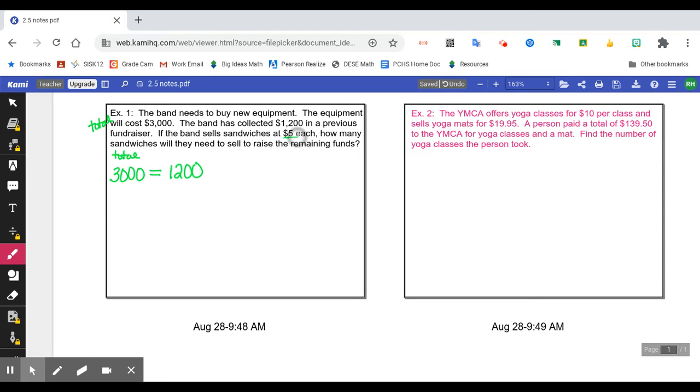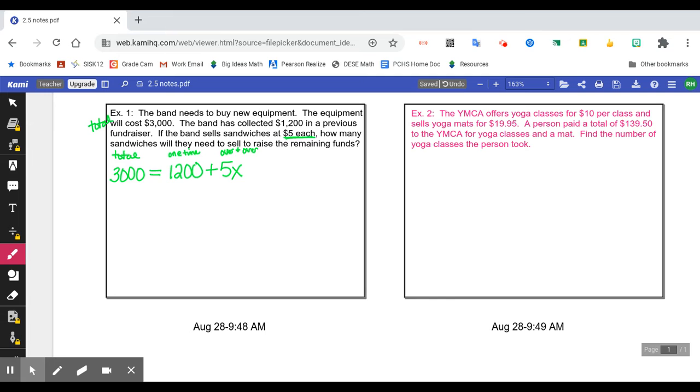So this each, every, per, happening over and over again is going to be our slope, our X number, okay? So I'm going to add on to this $1,200 they already have, $5 for every sandwich. So here's our total. Here's our one-time amount. And here's our slope that's happening over and over again.